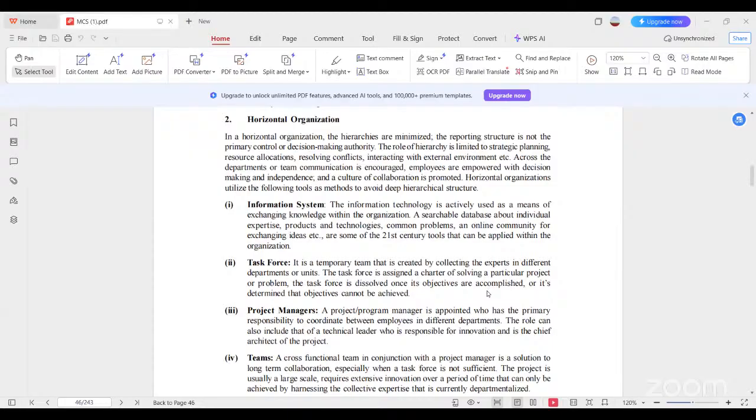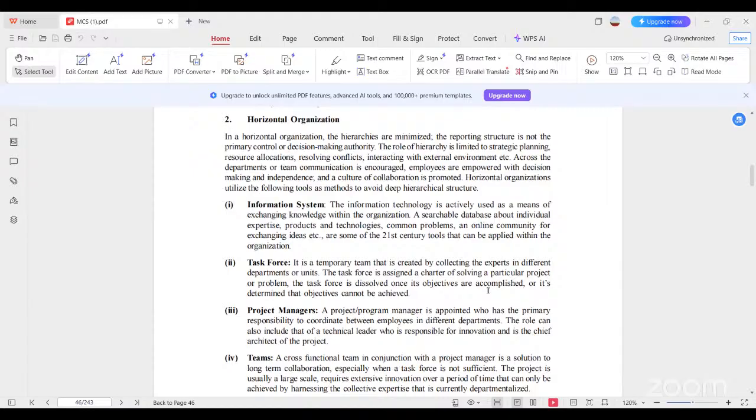Next is your task force. A task force is a temporary team that is created by collecting experts from different departments or units. It is assigned a charter of solving a particular project or problem, and the task force is dissolved once its objectives are accomplished or it is determined that objectives cannot be achieved.